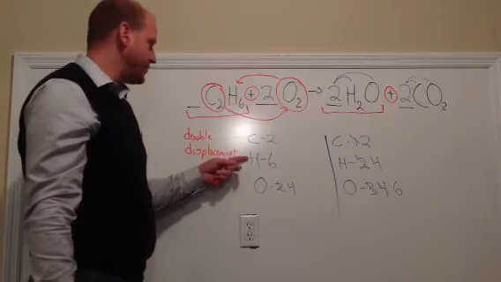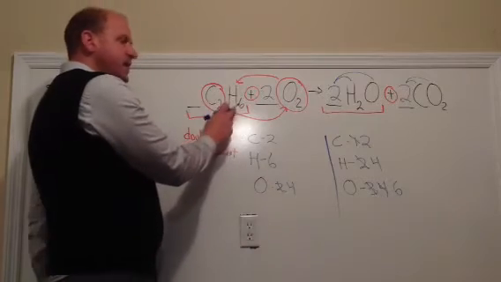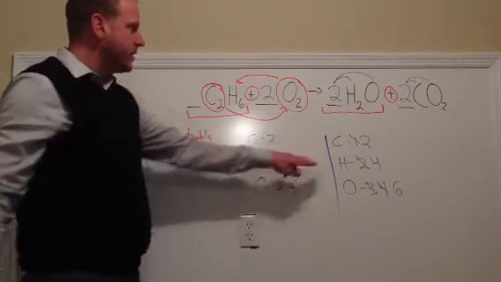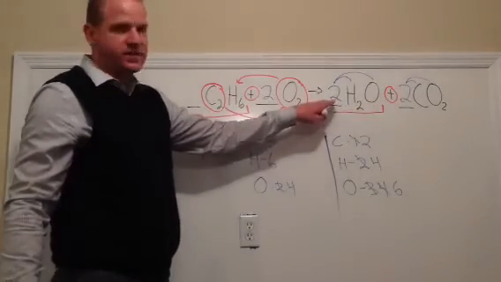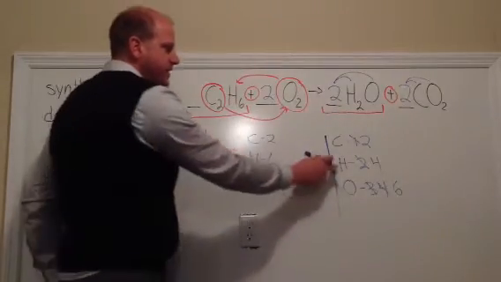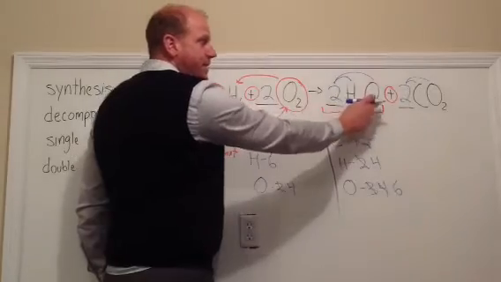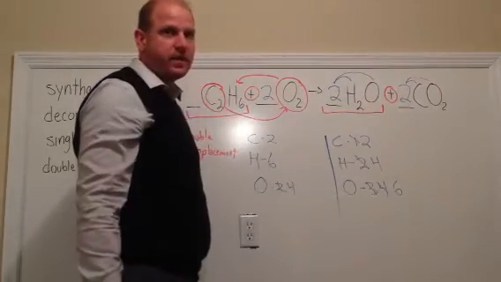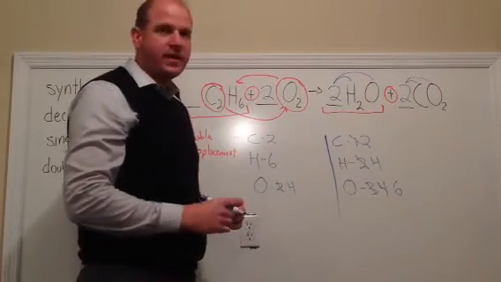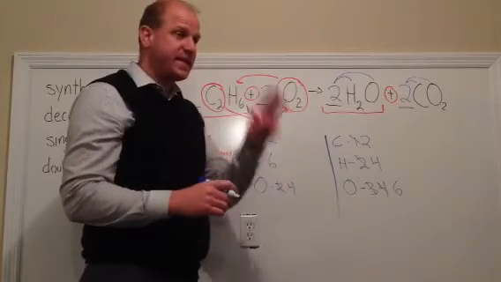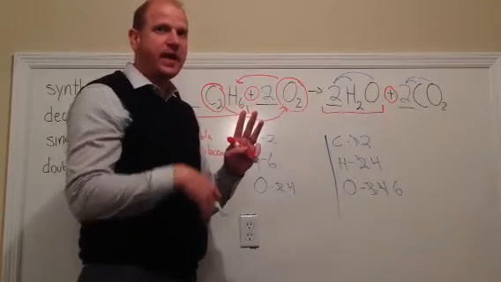Now I'm going to go down to my hydrogen. I have 6 hydrogen on this side, but I've got 4 on this side. If I multiply this by 3, it's going to give me my 6 hydrogen, but it's going to make my oxygen odd again. So instead of multiplying by 3, I'm going to multiply it by 6, because I take the 3 that I would multiply by, and I double it.